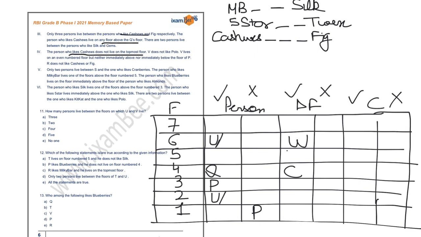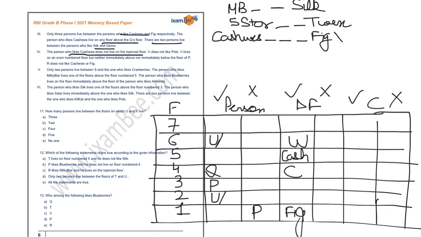So I can write cashew over here. Also, we know that there is a gap of 3 persons between the persons who like cashew and fig. So the only possibility where fig can be placed is at floor number 1. So I'm writing fig over here, right? Now you also note that 2 persons live between who like silk and gems.